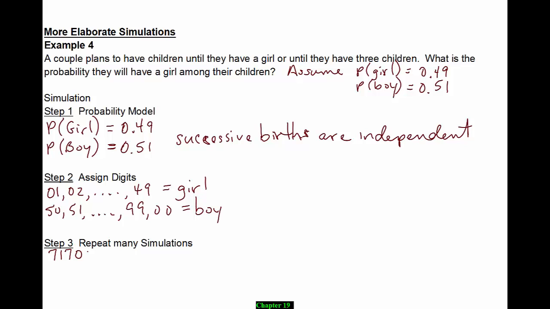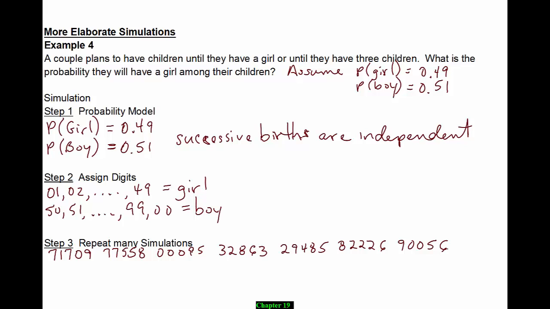So we're going to use 71709, 77558, 00095, 32863, 29485, 82226, and 90056. So we've copied some digits out of the table of random digits, and we'll just do as many simulations as this list allows. And let's start at the beginning.